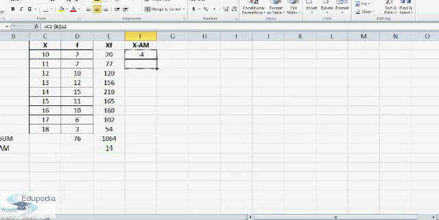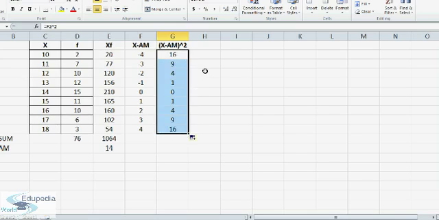Next one would be minus 3, 2, 1, 0 and so on. And then I need to square them. So it would be x minus arithmetic mean raised to the power 2. That is, this value raised to the power 2 will be the square of the deviations.